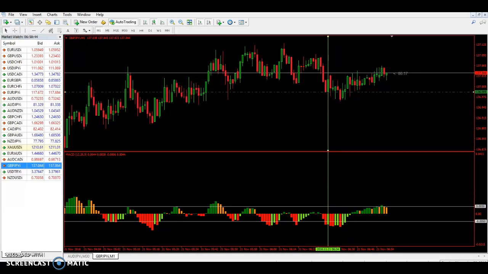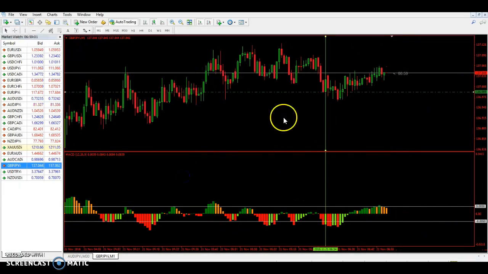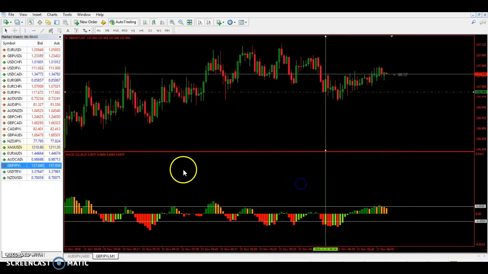Once this wins, I'm going to show you exactly what I did to take this trade for a buy. It's pretty simple. By looking at my chart, you probably already know what I'm going to explain in a few seconds.